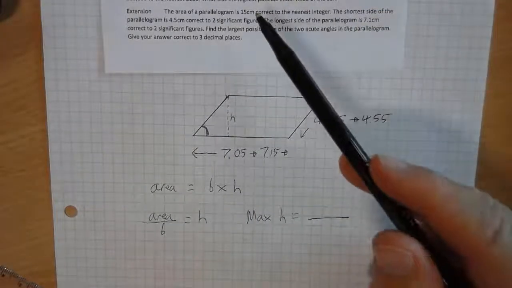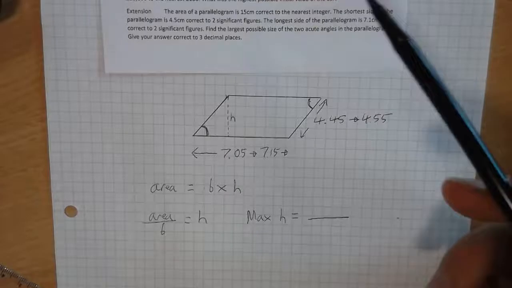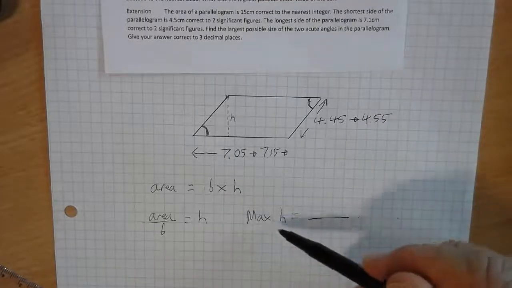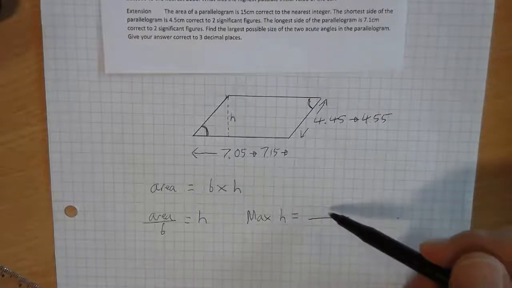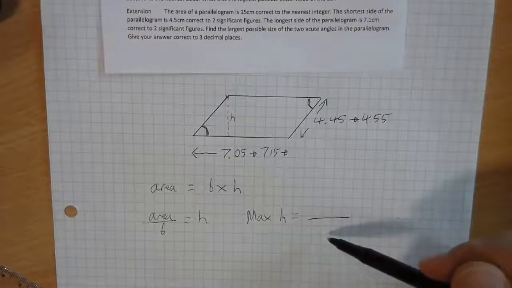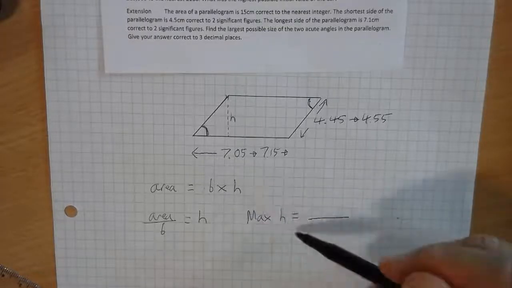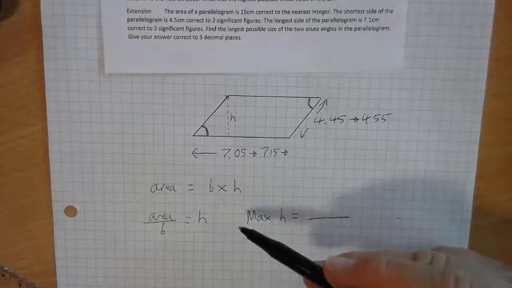So the area is 15 centimeters to the nearest integer. So to get the maximum height, I'd want the most area and divide it by the smallest base. That will give me my maximum height here.